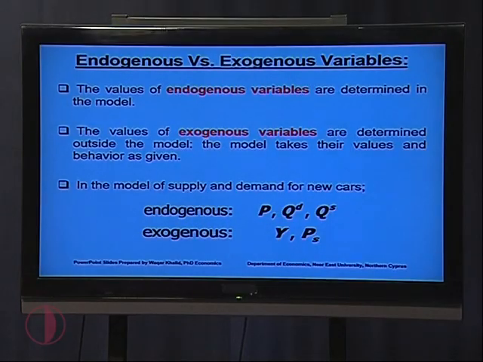The values of endogenous variables are determined in the model. However, the values of exogenous variables are determined outside the model. It means that the model takes their values and behavior as given.